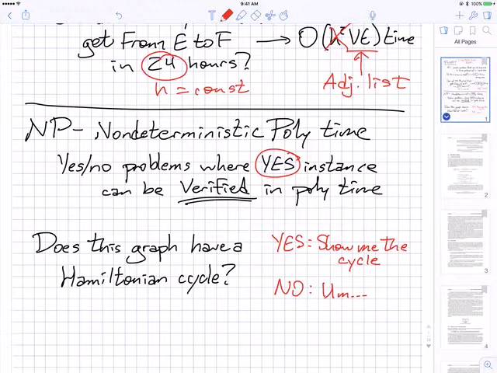He estimates it'll probably take somewhere between 75 and 100 years to work out the details, assuming it works at all. And that's the best hope we have. Nevertheless, 3 times a year, somebody proves that P equals NP, and 3 times a year, somebody proves that P is not equal to NP. And for some reason, these 2 groups of people never seem to talk to each other.